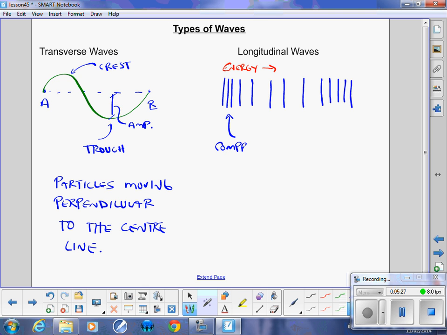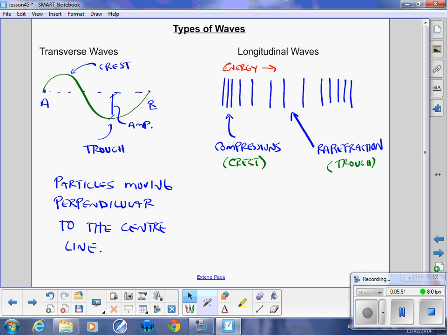So we have a compression. And where the particles have been spread apart, we call that a rarefaction. And they align themselves with crests and troughs, same idea. So you can think of a compression as a crest, and a rarefaction as a corresponding trough. Just to help with that association between the two.